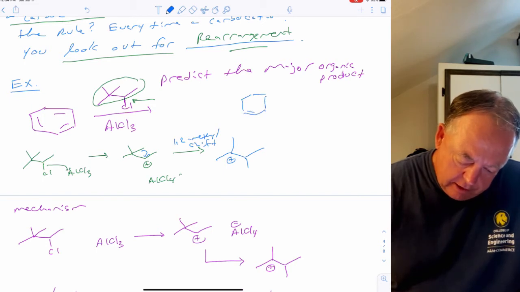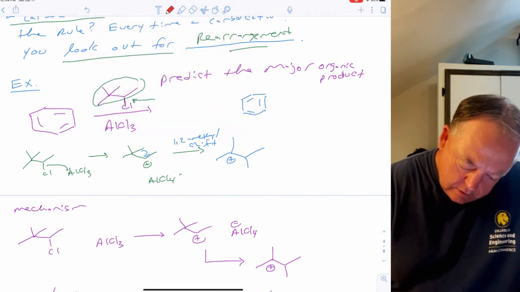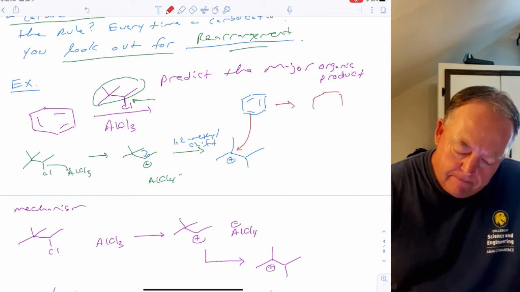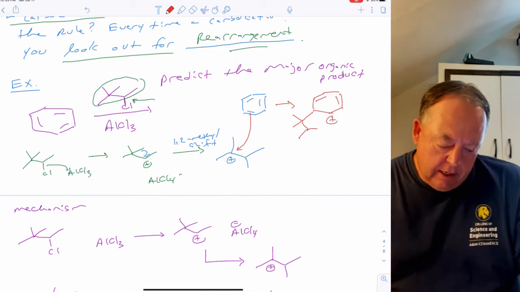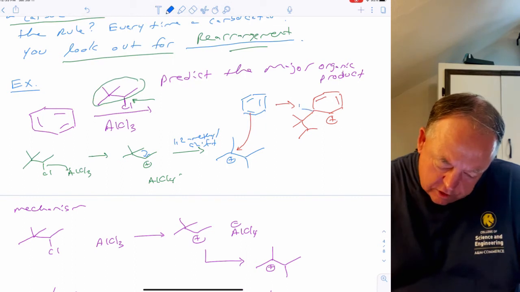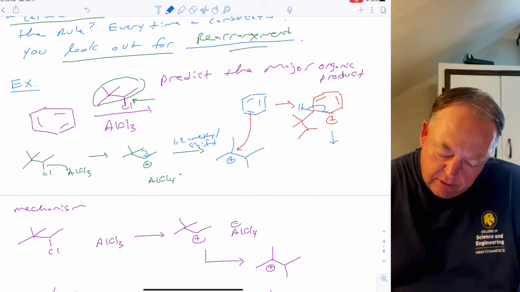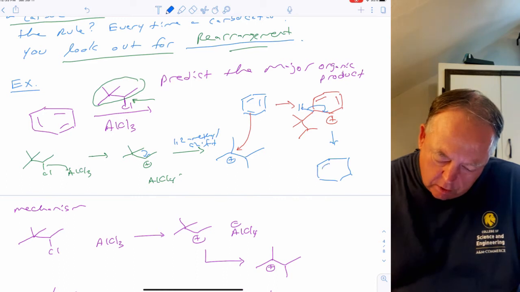All right, so now we would take 2 electrons from the pi system and make a bond to that carbocation carbon. And then lose a hydrogen. Again, the hydrogen where the substitution occurred is the hydrogen that comes off. And again, it doesn't matter which of the carbons we attached it to.